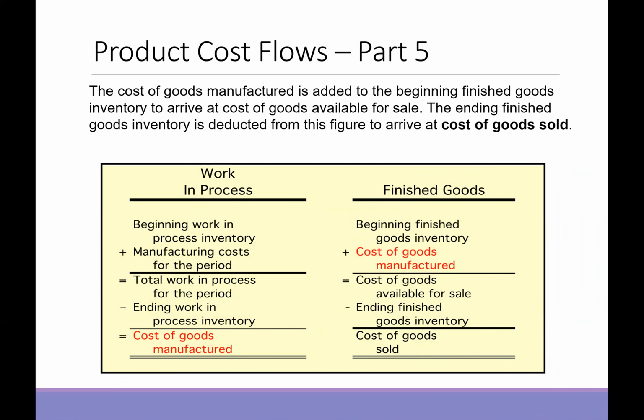Now, the cost of goods manufactured gets added to the beginning finished goods inventory to arrive at cost of goods available for sale. The ending finished goods inventory is deducted from this figure to figure out what was actually sold. Okay. It's a flow from one inventory account through.